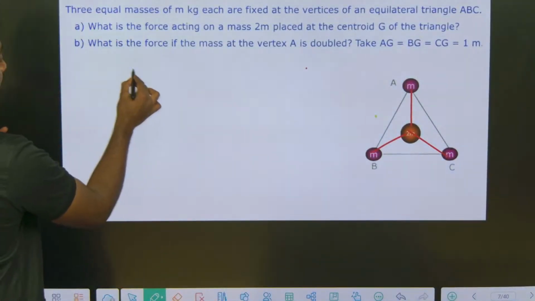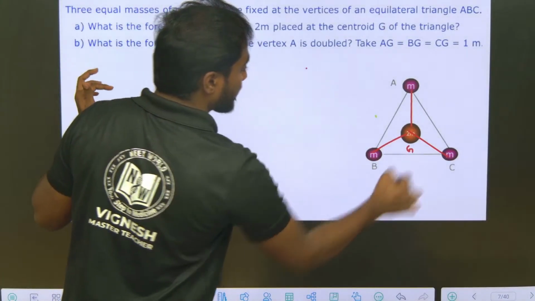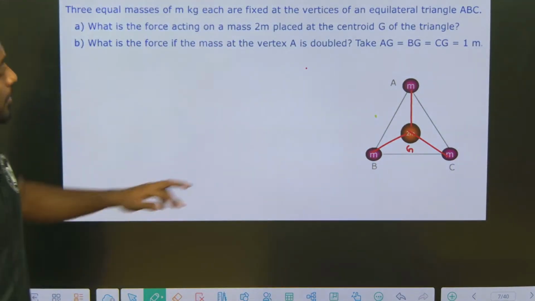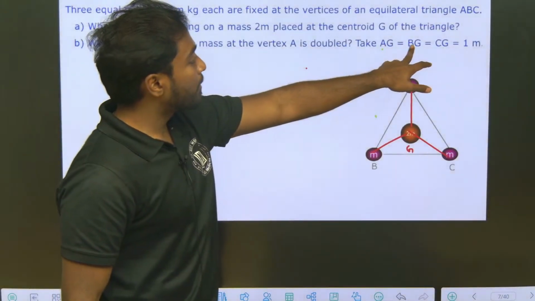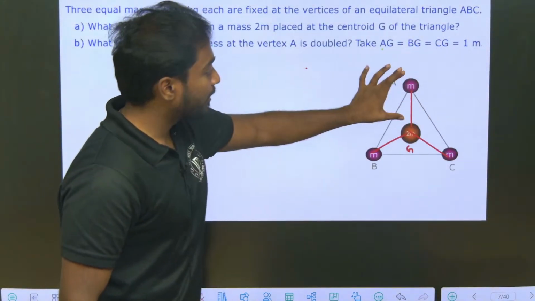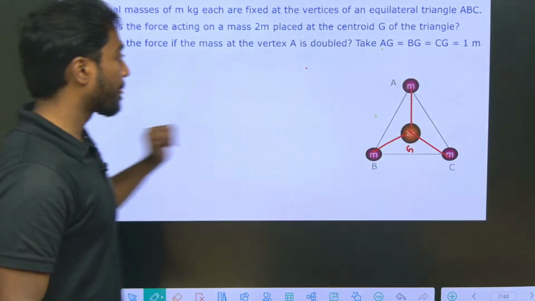First let me consider this point as G, the centroid. They have given AG equals BG equals CG equals 1 meter, the distance between them is 1 meter, right.